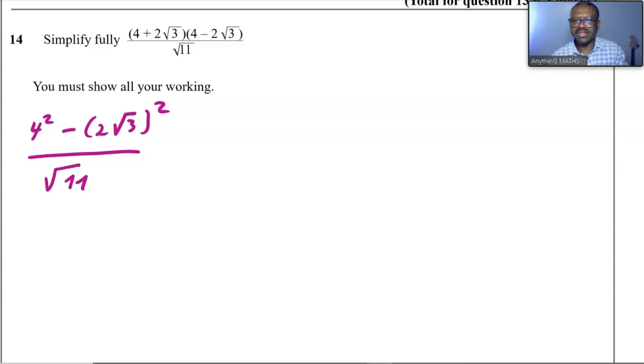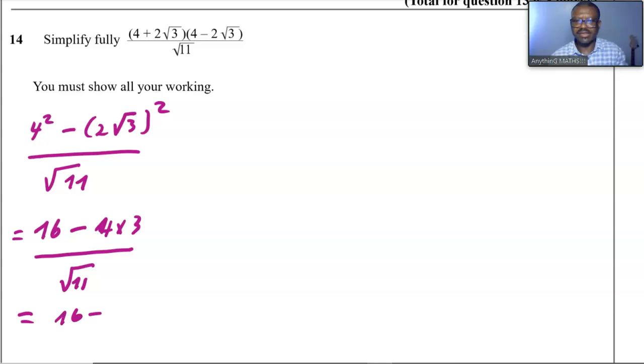It becomes much easier. If you square these, we will get 16. If you square 2 root 3, 2 becomes 4 times 3, you get 4 times 3 all over root 11. And work things out, I get 16 minus 12 all over root 11.